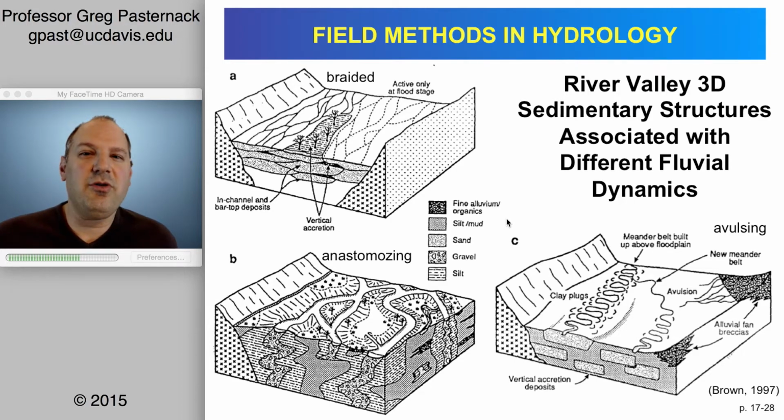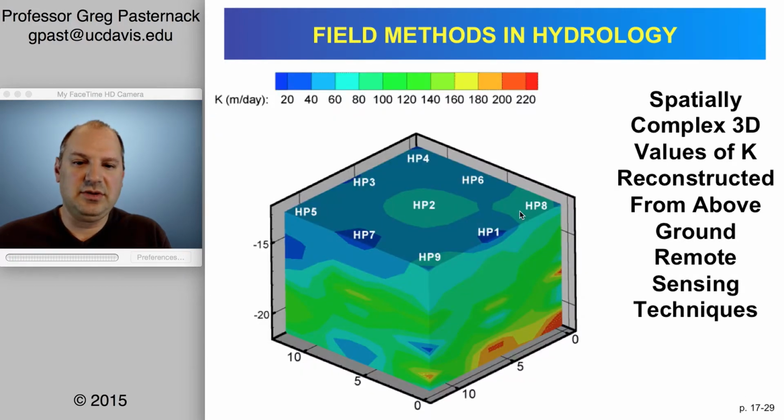You may remember from, I think maybe it was the stream assessment lecture, the Lane's diagram that I showed you, which looked at the relationship of the variables that govern things like this. So this is an important process to understand for what's governing hydraulic conductivity and preferential flow paths. Here's an example of a reconstruction of the three-dimensional pattern of hydraulic conductivity in meters per day.